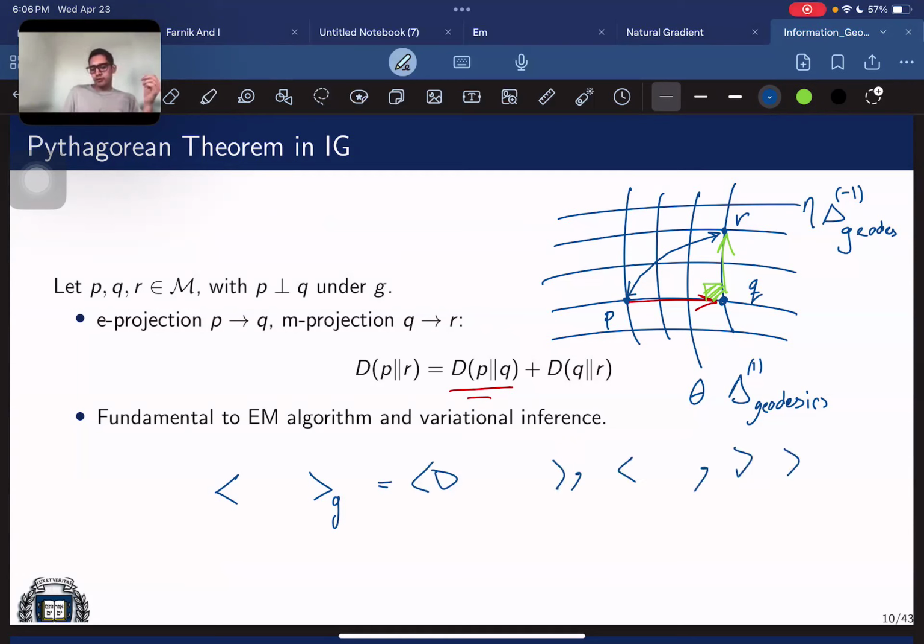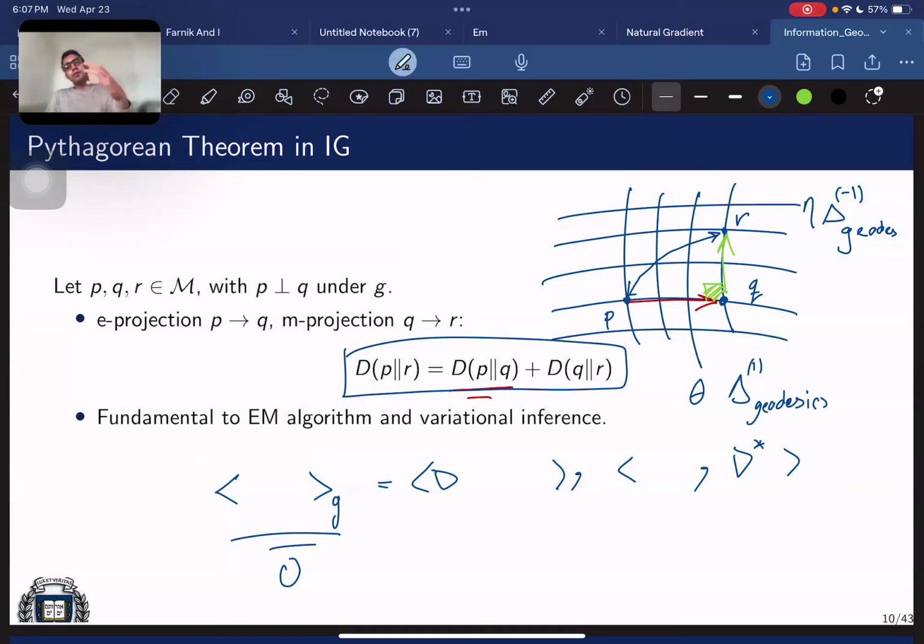I won't write the whole thing. Because of this formula, we know that they are perpendicular to each other. It would give you 0 here. So you have this nice Pythagorean theorem, which enables us to calculate or walk through two different distributions with projections into E geodesics and then M geodesics.